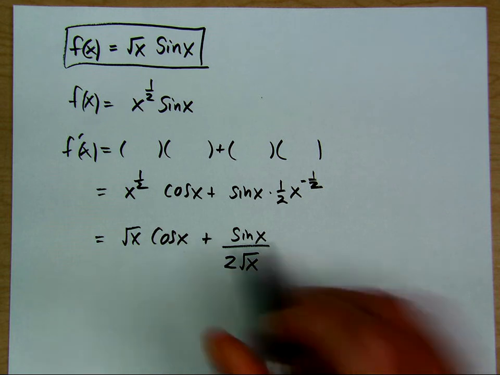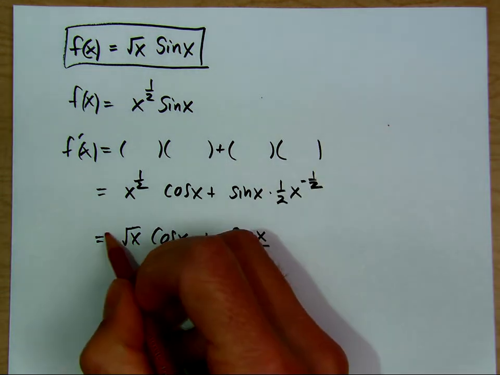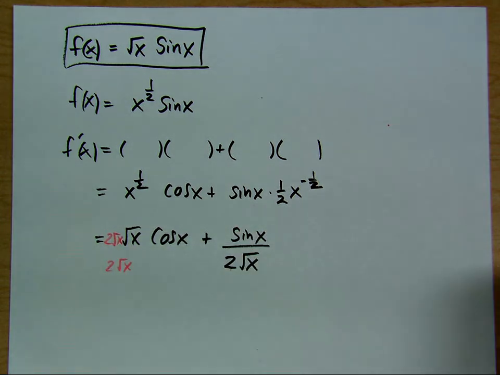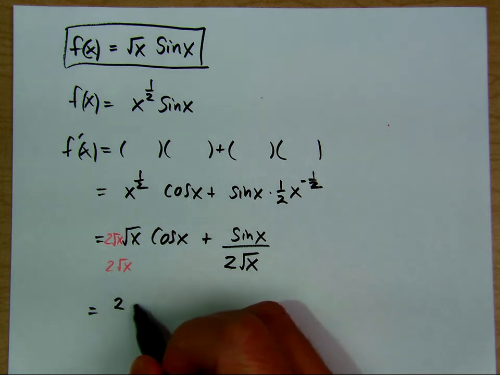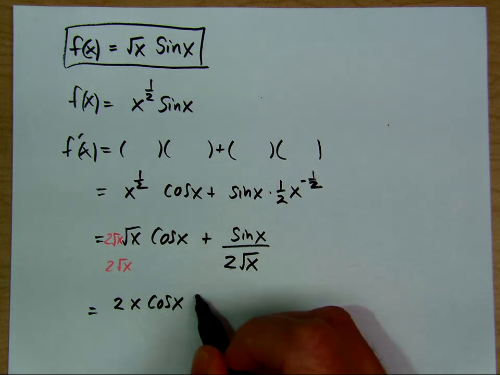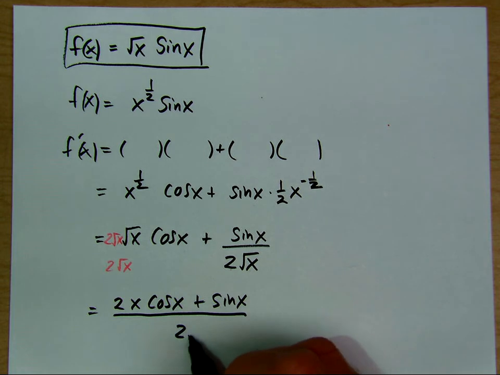Let's get a common denominator, so we'll multiply by 2 radical x. And now we have 2x cosine x plus sine x over 2 radical x.